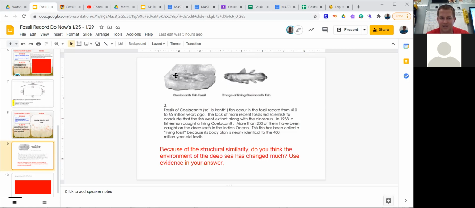You can't see it real well, but their mouths are a little bit different. This one is facing up more rather than down. So they're very similar. And so the environments probably haven't changed much for the coral fish fossil over those millions of years. So that's why it's important that we study the fossil record.